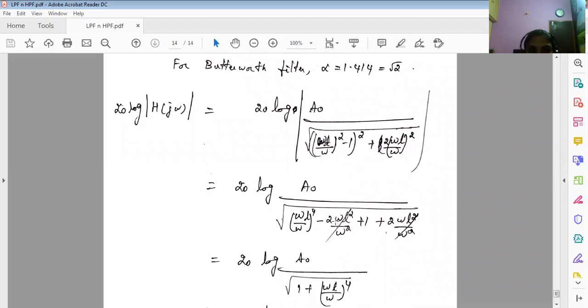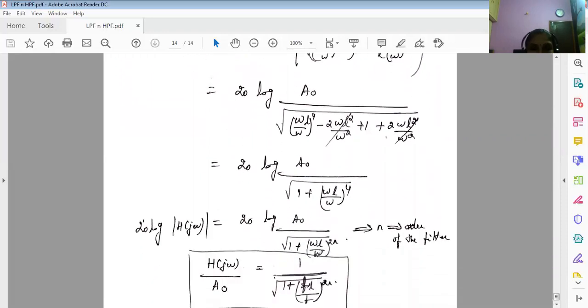And then when you do that, the 2 omega L square by omega square cancels out. So ultimately you'll get 20 log of A naught divided by root of 1 plus (omega L by omega) to the power 4. So this power 4 can be written as 2 into 2. This is already done in the low pass filter. So 2 into 2, where 2 signifies the second order filter.